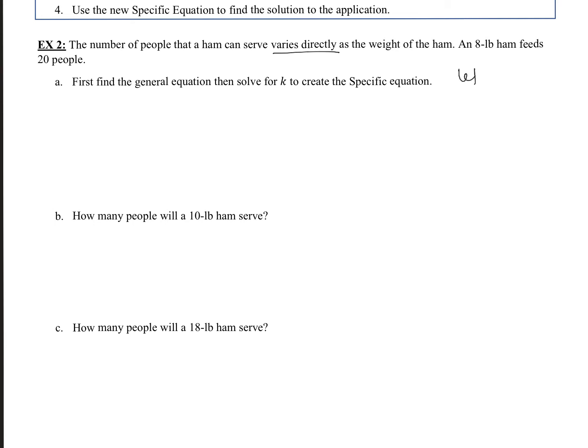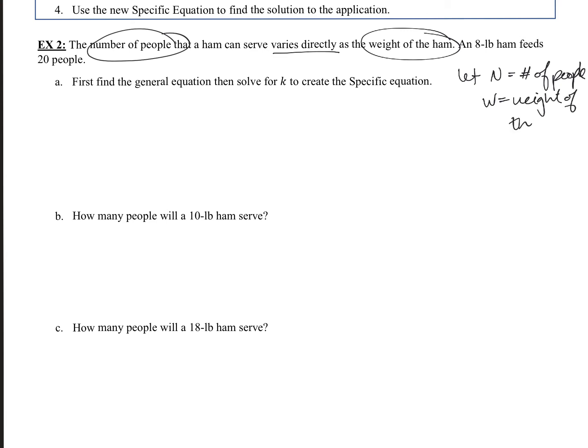We're looking at the number of people a ham can serve, which varies with the weight of the ham. So I'll let N, capital N, equal number of people, and then I'll let W equal the weight of the ham. Once again, remember when you introduce variables, you need to let the reader know what they mean.